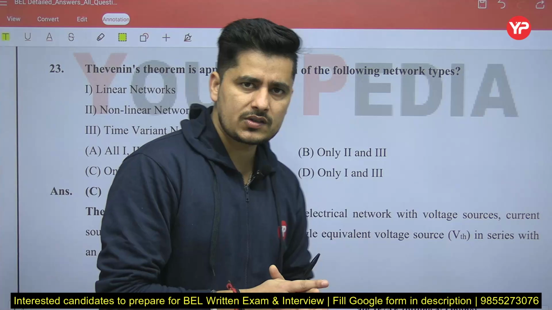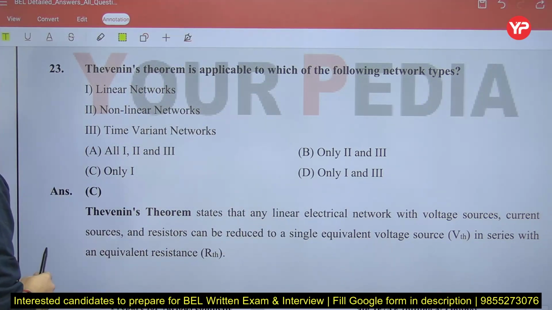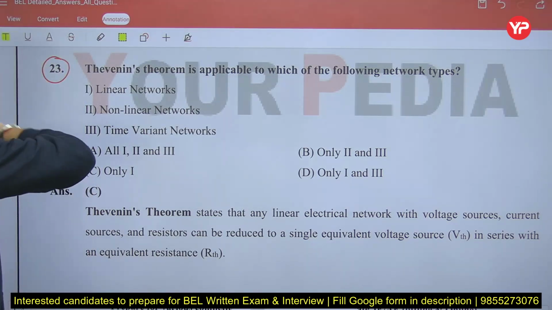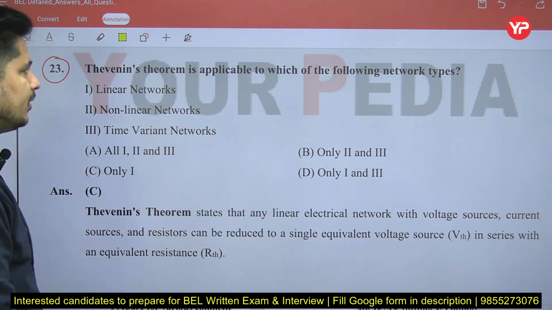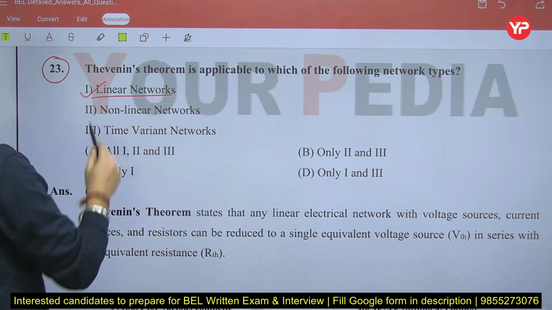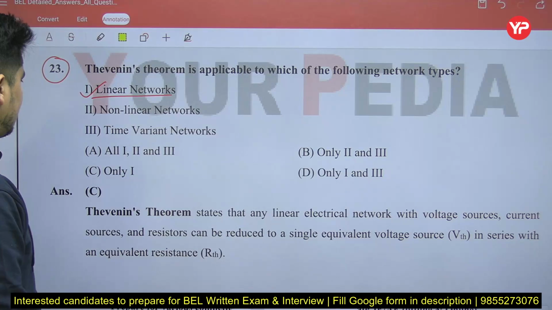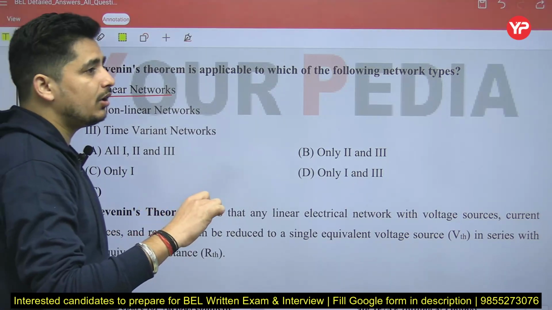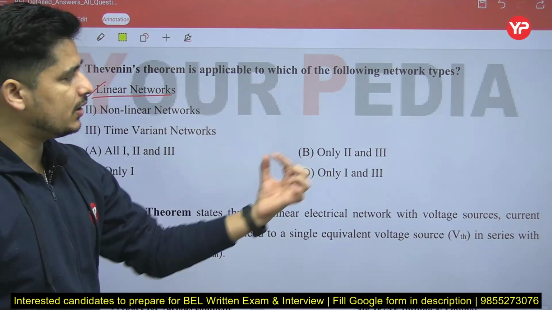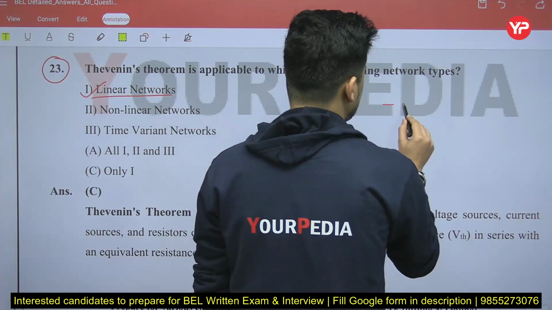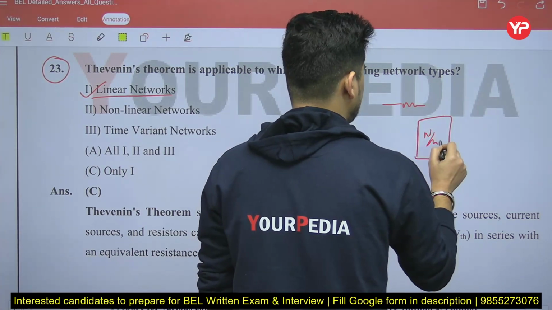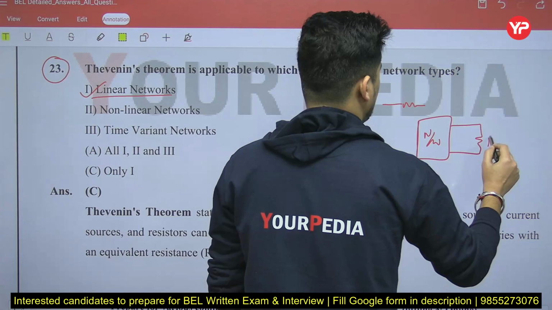The Thevenin theorem is applicable to which of the following networks? The Thevenin theorem will be applicable for a linear network. Correct. Basically, Thevenin theorem is applicable only for a linear network. He is not talking about the load. There are two things: one is the network, another is the load. In a Thevenin equivalent we have a network and a load RL here.